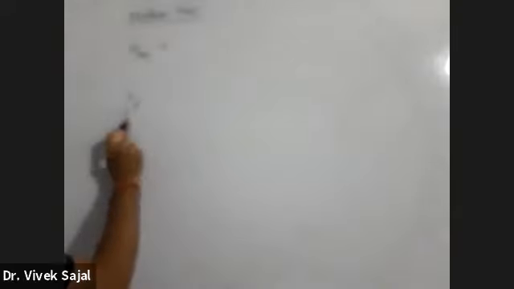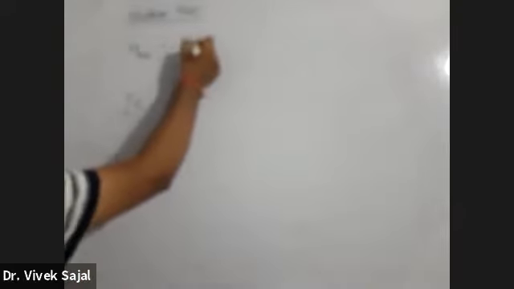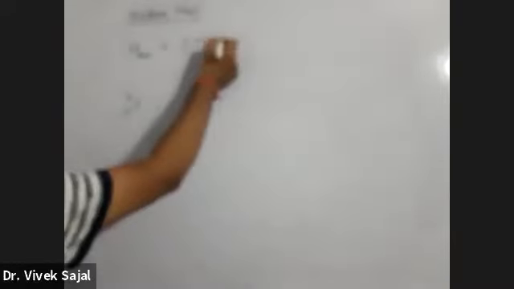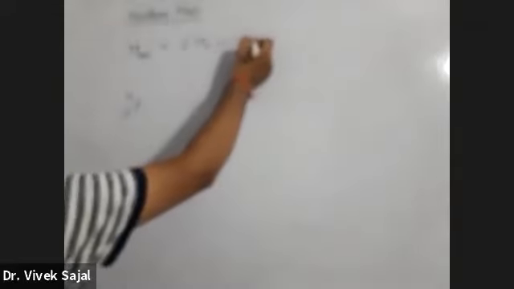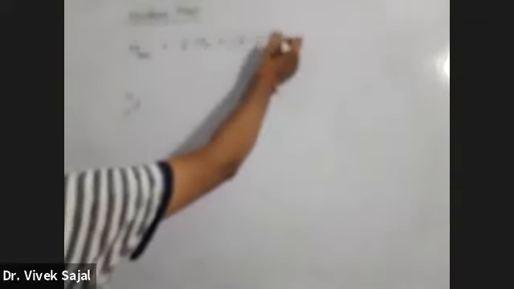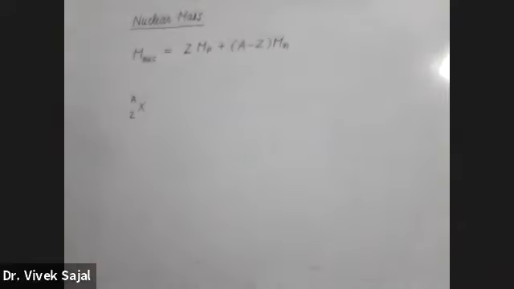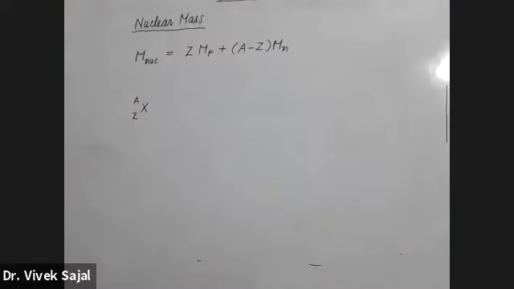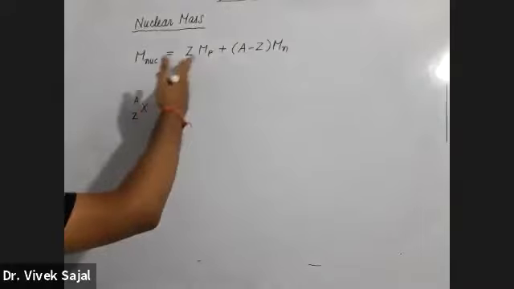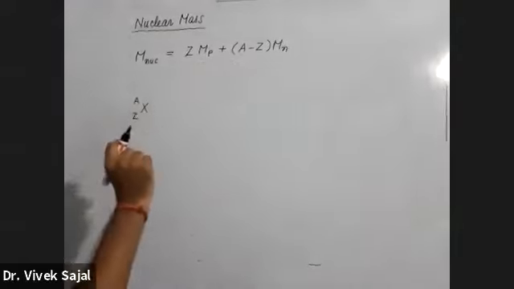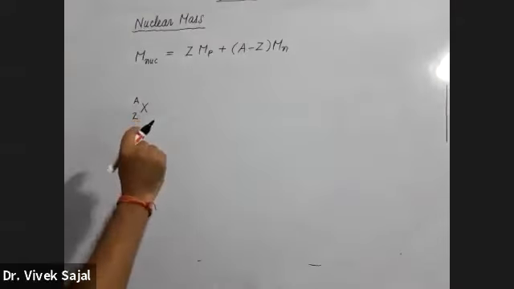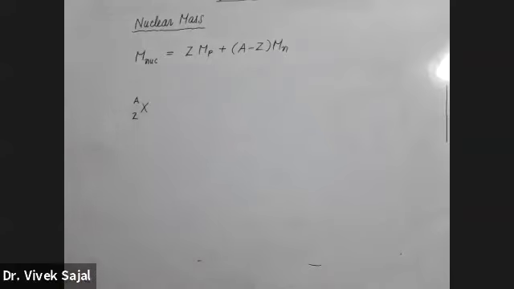Z number of protons are there, so this will be Z M_P plus A minus Z, the number of neutrons. So this should be the mass of the nucleus, but this is not a correct result. When the mass of the nucleus was calculated experimentally, it was a little lesser than the mass of the constituent particles, because a small mass is converted into the nuclei.